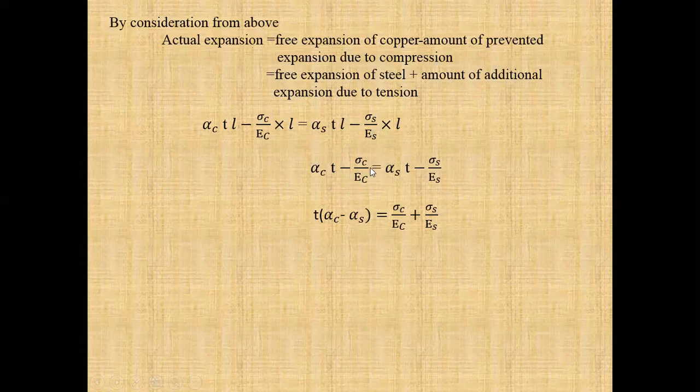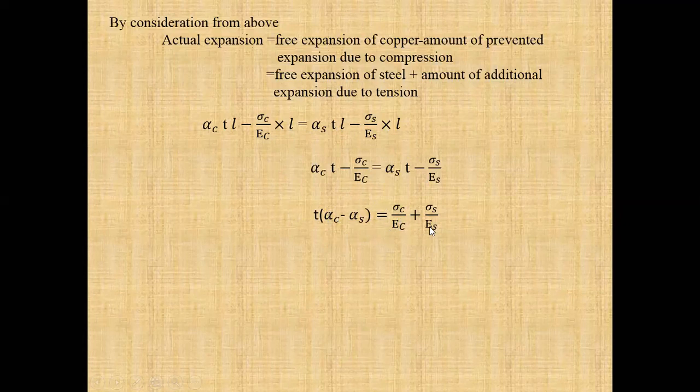So that's why this simplification, and here it should be plus. So now this is the relation. T common is the alpha C minus alpha S, is equal to this plus this. This actually should be plus. So this third one is right.